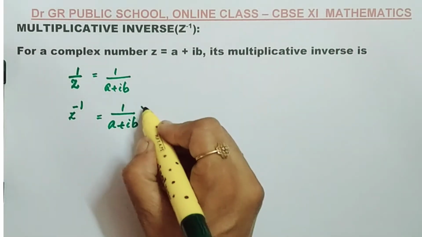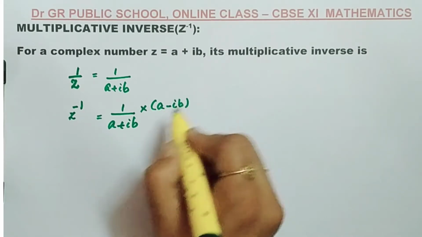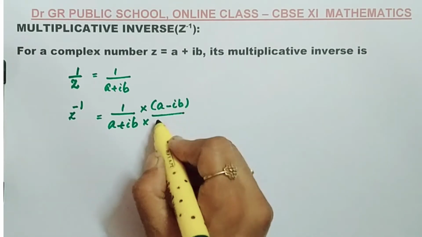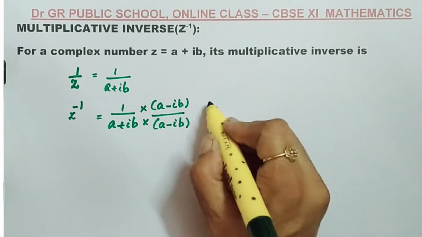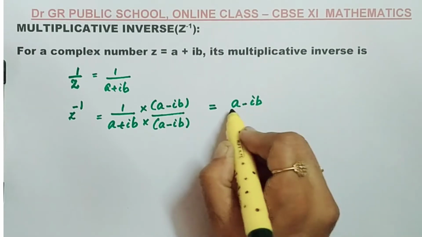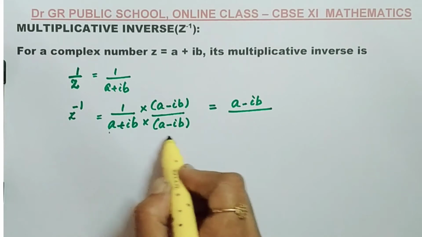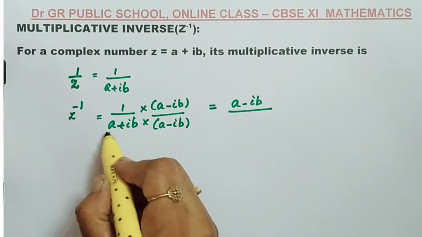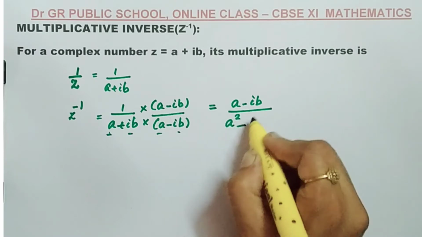You have to multiply the numerator and denominator with the conjugate, A minus iB. This equals A minus iB in the numerator, and the denominator is of the form A plus iB into A minus iB. What is A plus B into A minus B? A square minus B square.